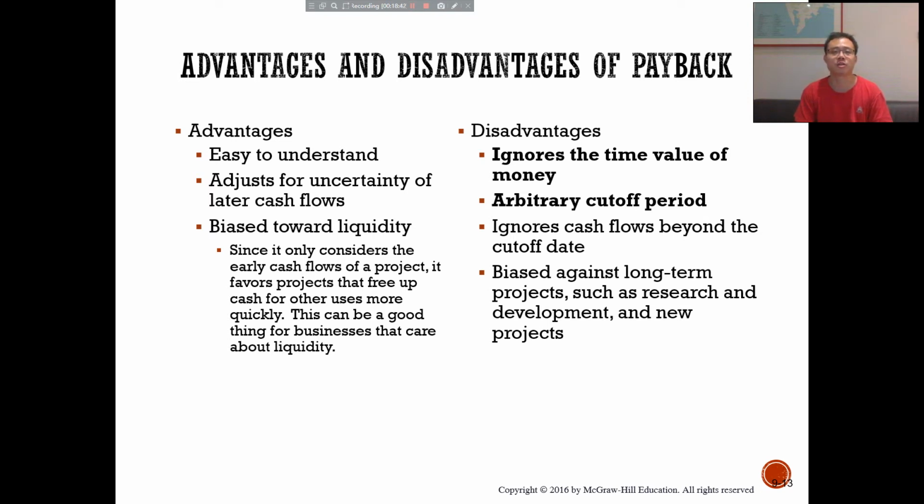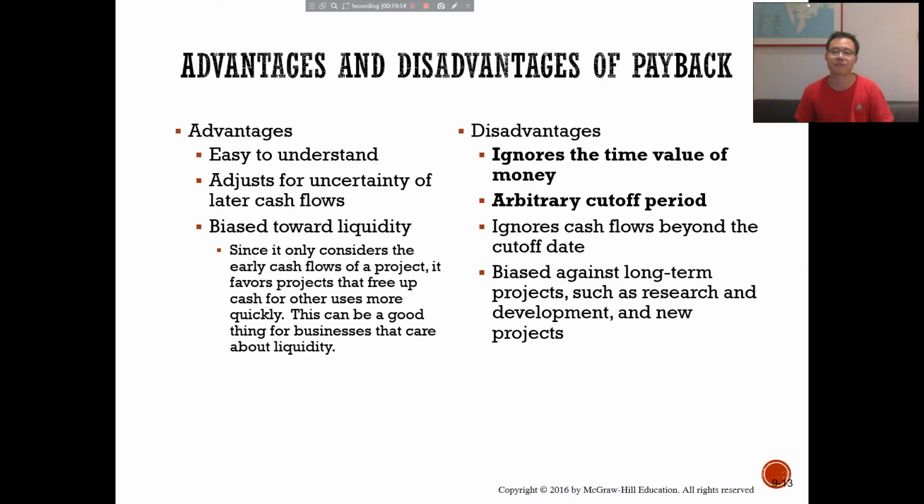But since technological projects usually take a very long time to recover the initial investment and quickly make huge profit, these projects will be very likely to be filtered out, rejected based on the payback period criteria, even though their NPV could be pretty high.